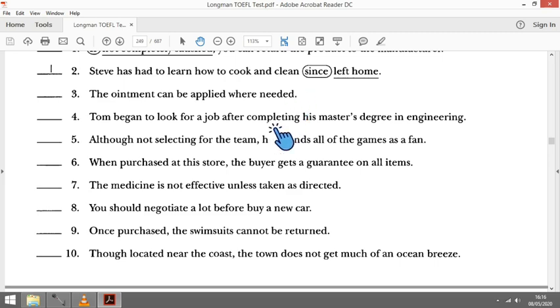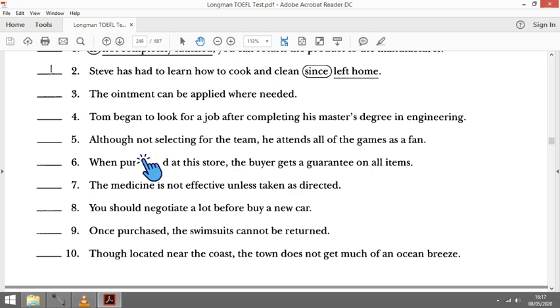Number 5. Although not selecting for the team, he attends. Okay, this is subject verb. This one is a connector. Actually the structure is right. But how come we say he is not selecting? It's not appropriate in the meaning.